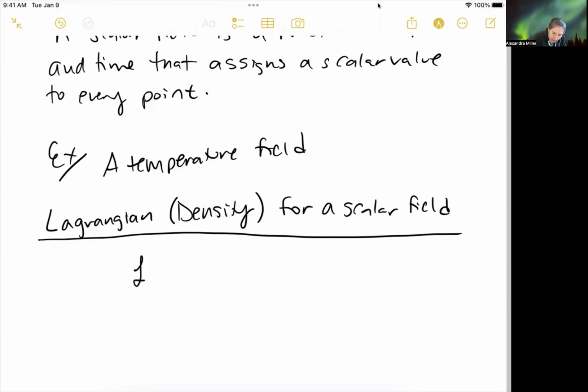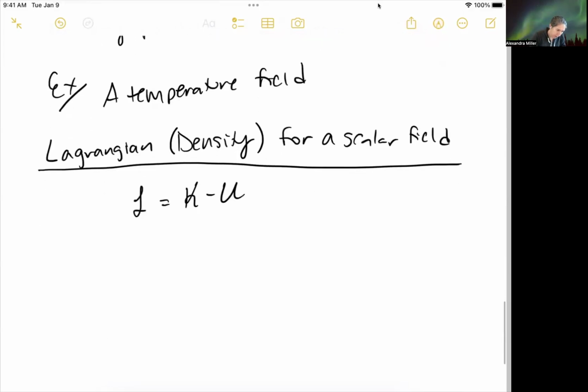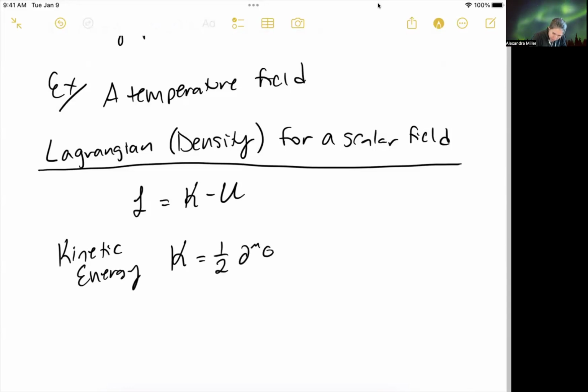So our Lagrangian density, again, is going to be something that maybe I should use like a curly K, that's a kinetic energy density minus some sort of potential energy. So the kinetic energy piece is going to look like this.